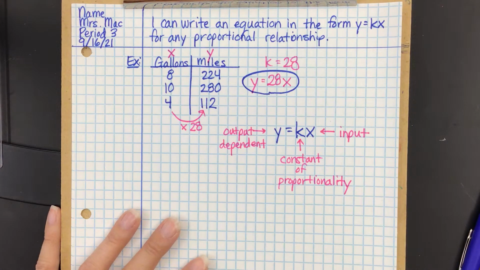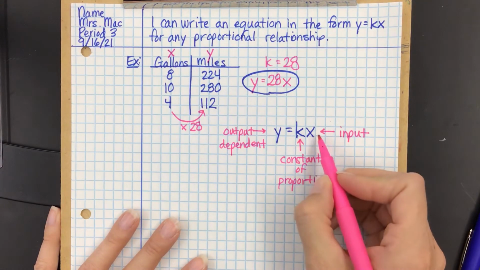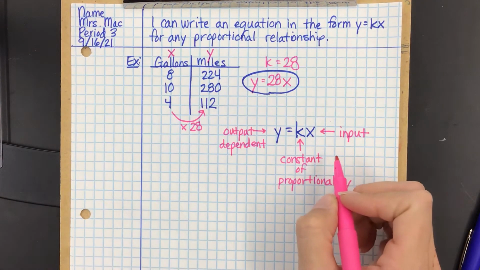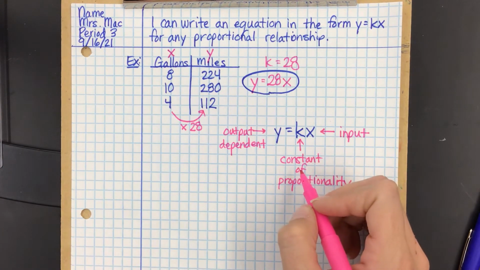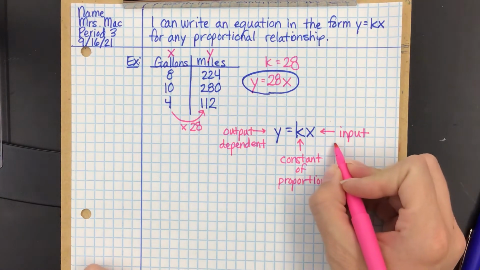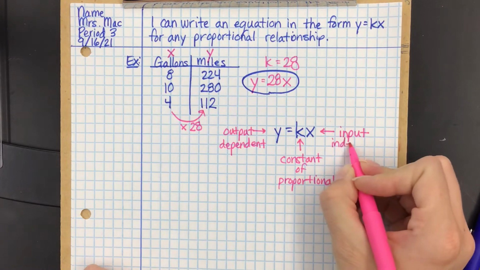And that makes sense because your gallons does not depend on how many miles you drive. You can't say, oh, I'm going to drive 300 miles, so automatically I'm going to have a certain amount of gas. No, that's not how it works, okay? The amount of miles you drive depends on how much gas you have. And because your x doesn't really have to depend on anything, we call it the independent.